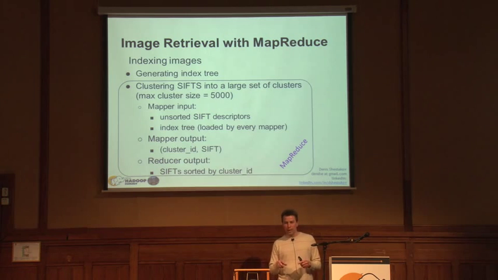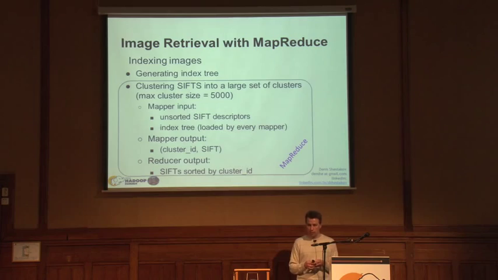So it's a very untypical issue in this particular workload. Then the reducers are essentially identity reducers, so they do nothing, but at the sorting and shuffling phases, all the SIFTs are grouped together based on their cluster IDs.